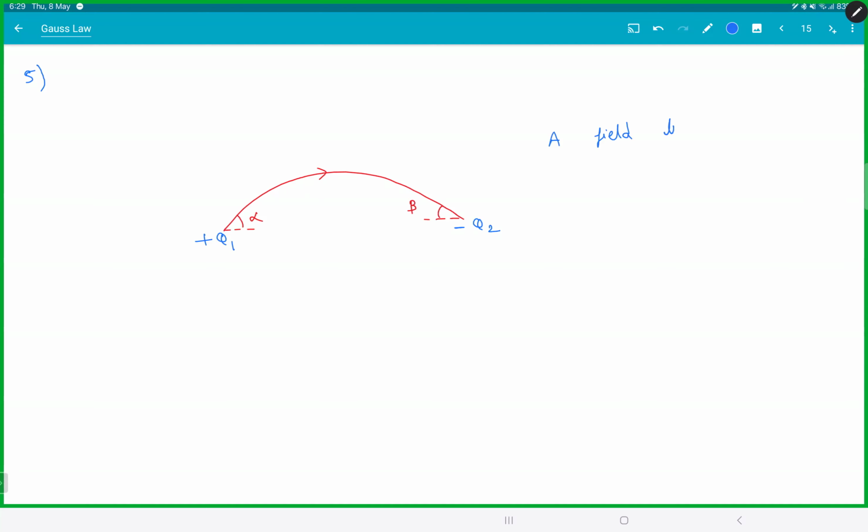Find the relation between alpha and beta.